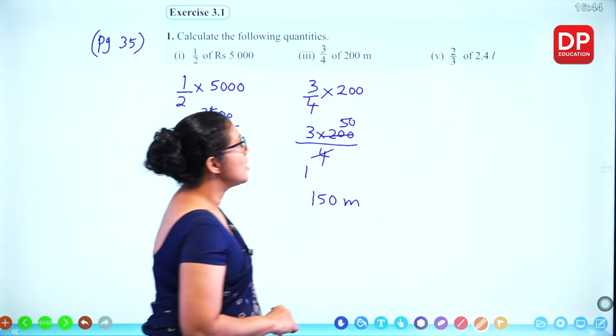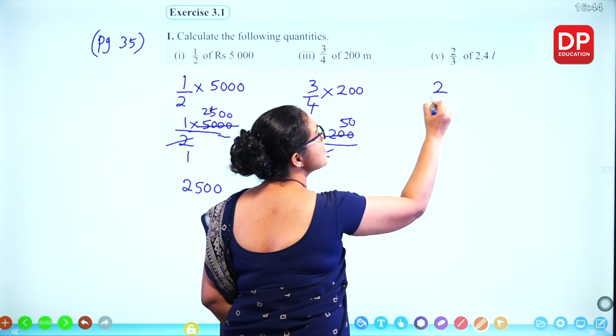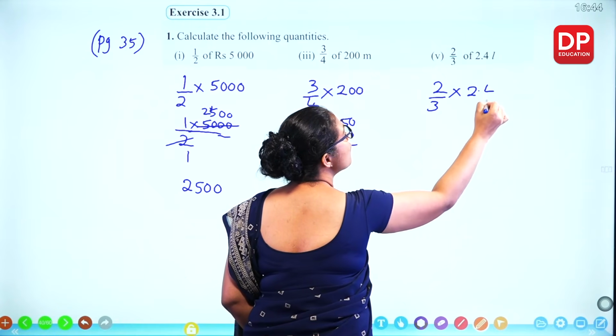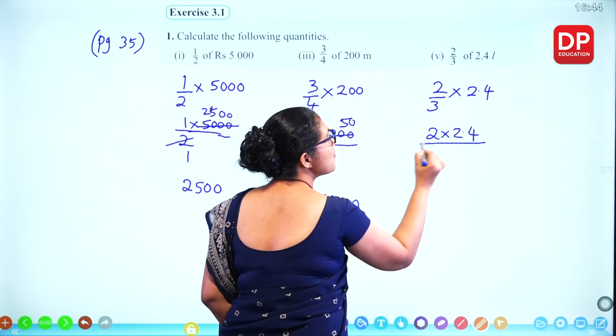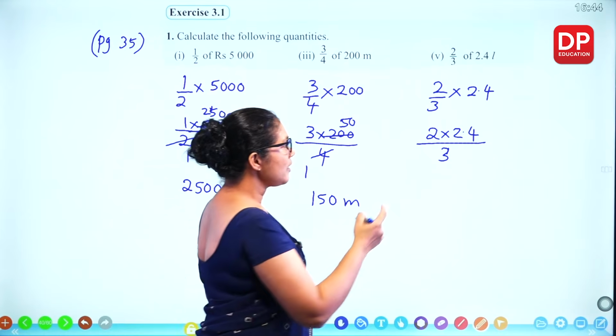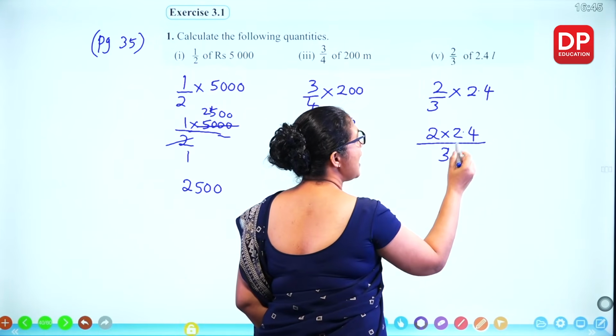What's the next one? 2/3 of 2.4 liters. Again, this is multiplication. You can rewrite as 2.4 times 2 divided by 3. Now try to simplify. 24 divided by 3 is 8.